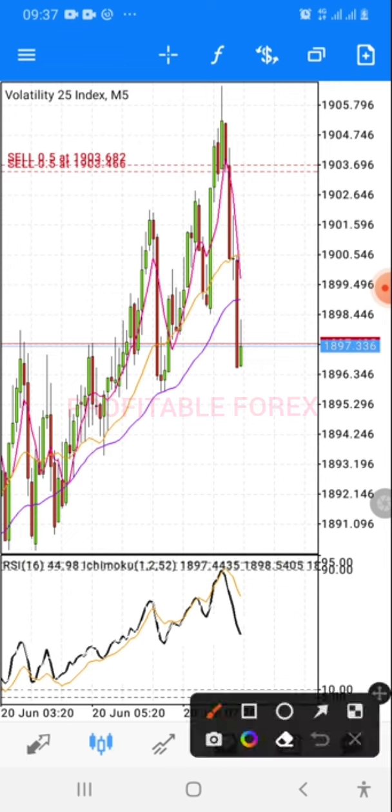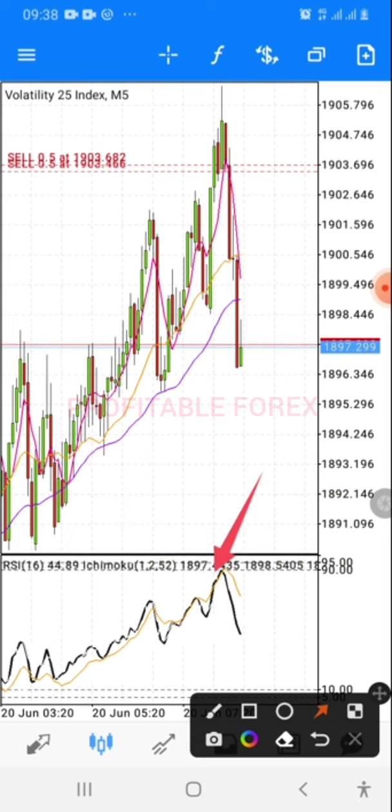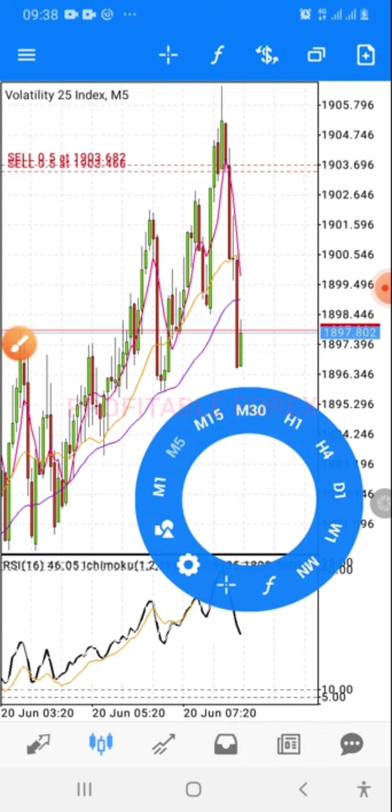On the indicator window, we looked out for the Ichimoku touching the 90 level, that is the overbought region. On the 5 minutes time frame, and even when I checked on the 1 minute time frame before I took the trade, the Ichimoku was also touching the 90 level.